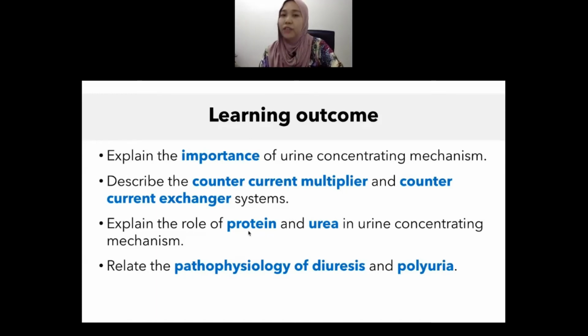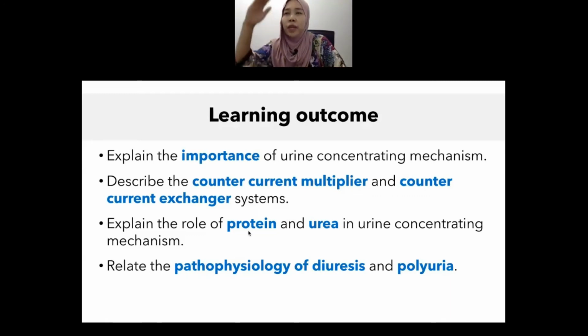But even though, let's say right now, my glomerulus is filtering 100% of the urea, not 100% of the urea will be excreted in my urine. 50% of the urea that has been filtered out will be maintained in the renal medulla. And the urea itself will contribute to the higher osmolarity in the renal medulla later.